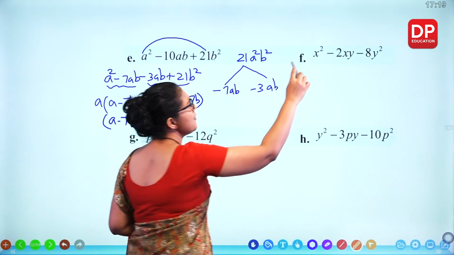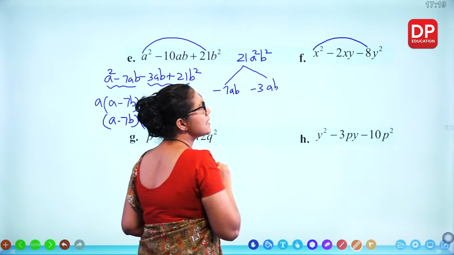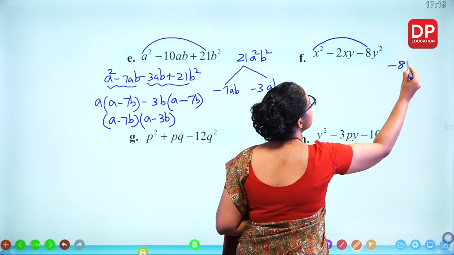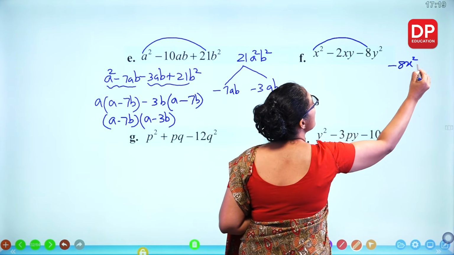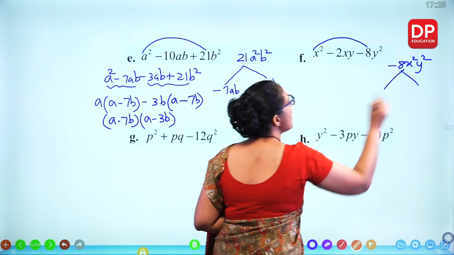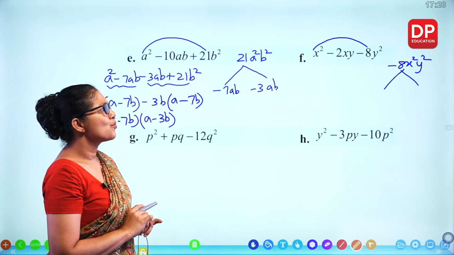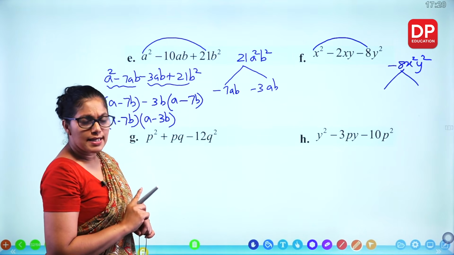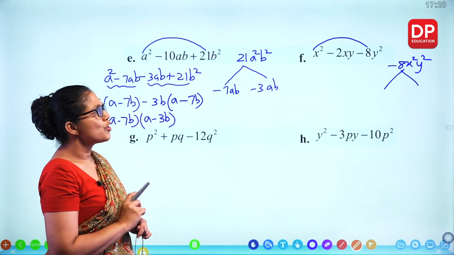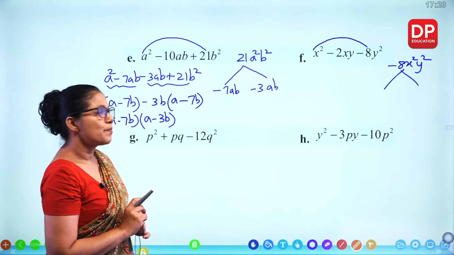Now look at the next one. When you multiply these two, what do you get? You get minus 8x squared y squared. What are the factors of minus 8 to get minus 2? So here the middle term is minus, means one should be positive and one should be negative.